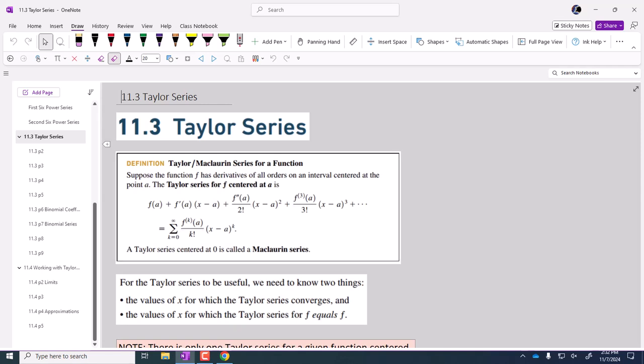Some people will call it an infinite polynomial because it goes forever. A Taylor series is a power series, an infinite polynomial. The one thing that distinguishes a Taylor series from just a general old power series is that a Taylor series is constructed from a function that's differentiable forever.